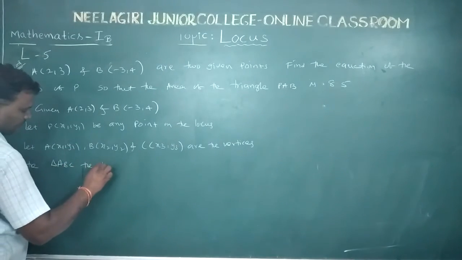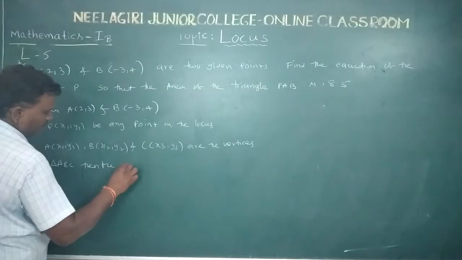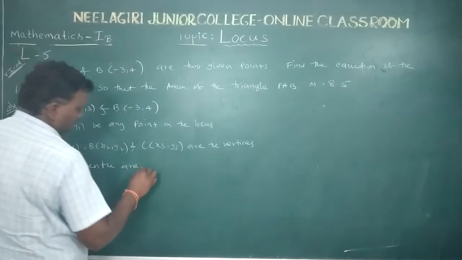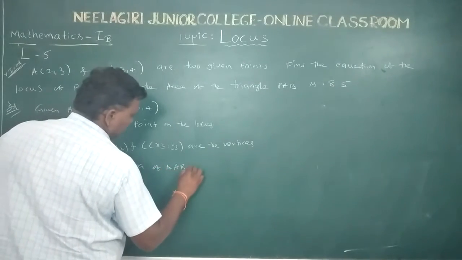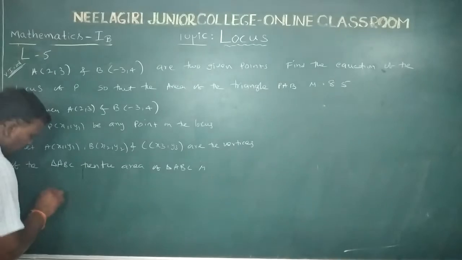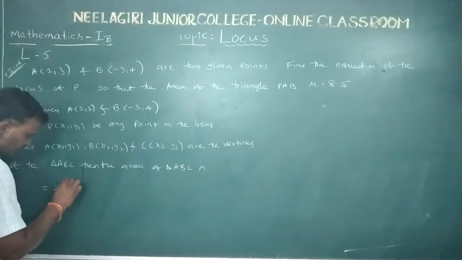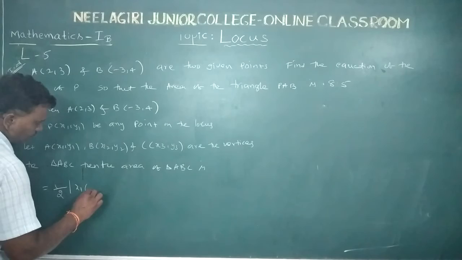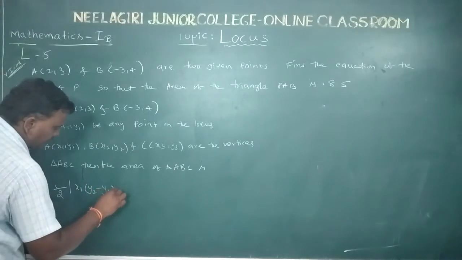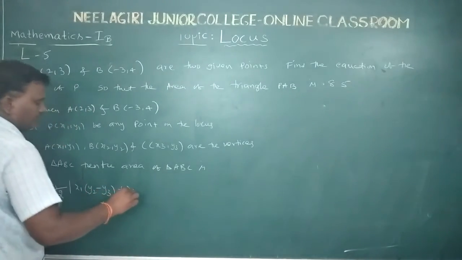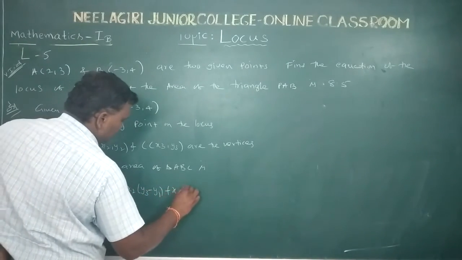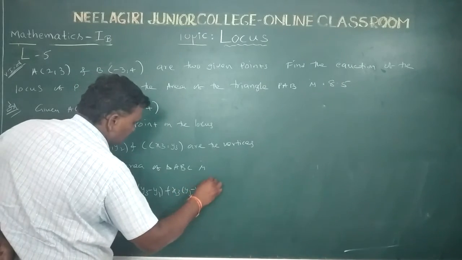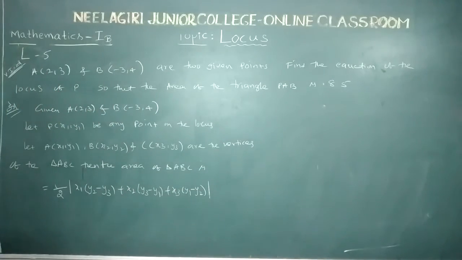Then the area of the triangle ABC is equal to half into mod of x1(y2 - y3) + x2(y3 - y1) + x3(y1 - y2). This is the formula of the area of the triangle.